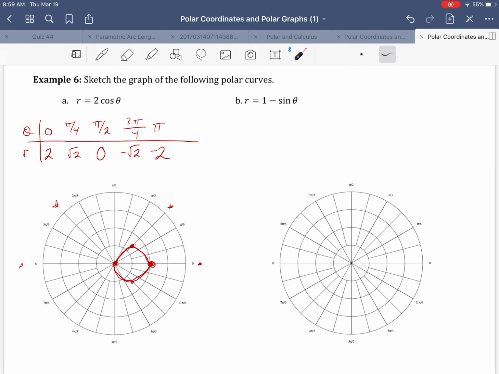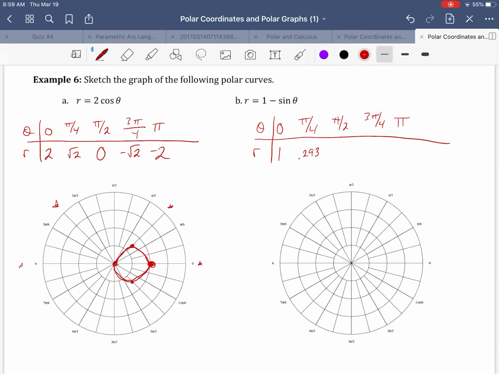And then this one as well, same idea. Theta, radius. So I start with these, you're going to get 1. Now, these aren't so clean.